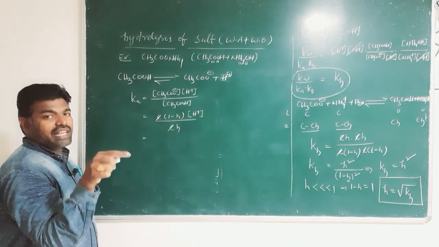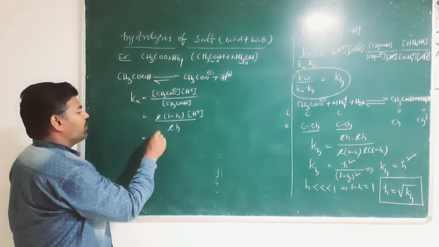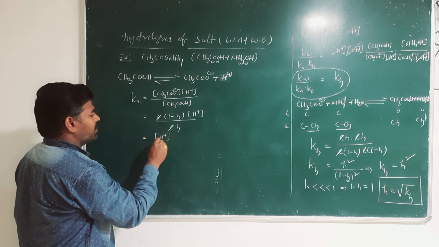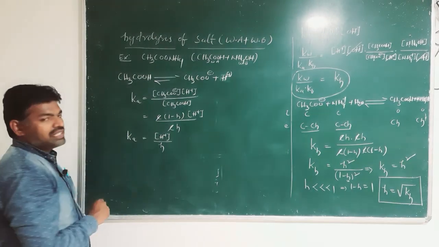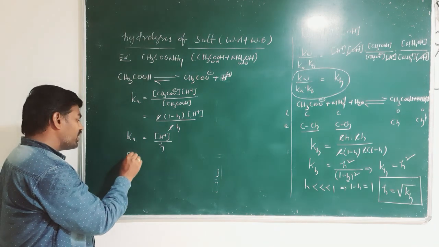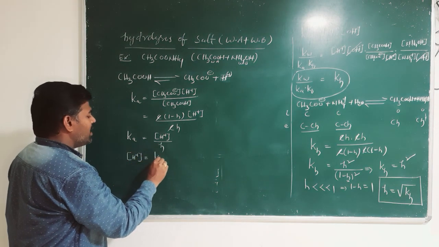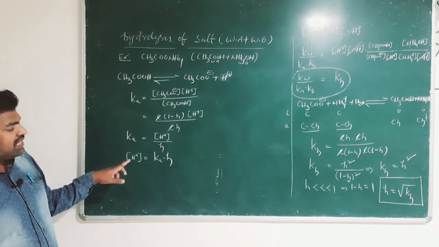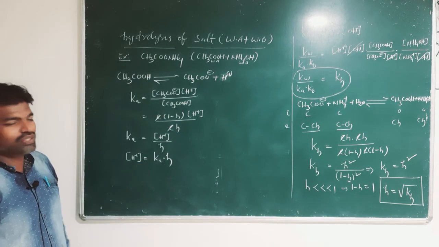Next, the Cs get cancelled, and if h is less than 1, then 1 minus h is equal to 1. Therefore, Ka is equal to concentration of H plus ions times h, so concentration of H plus ions is equal to Ka into h. This is the concentration of H plus ions, from which we can calculate the pH of the solution.